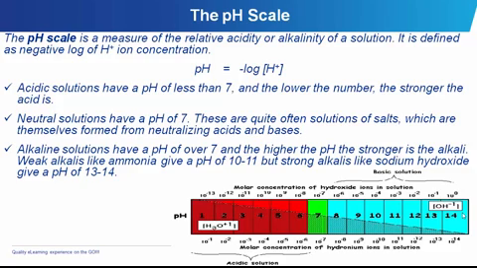That gives us the pH. Now, if our pH is less than 7, it shows acidity, while when it is greater than 7, it shows alkalinity. 7 is the neutral point, and you should take note of that.